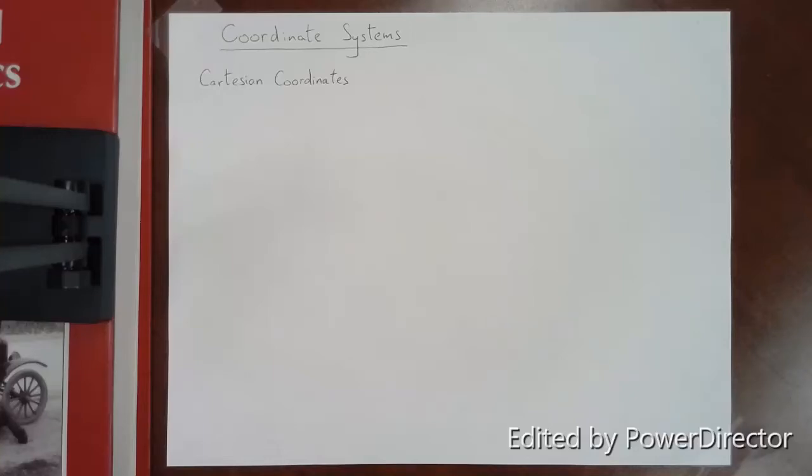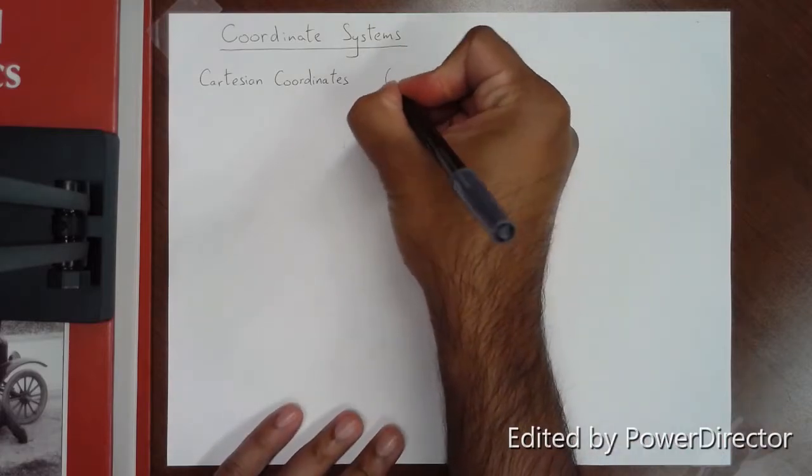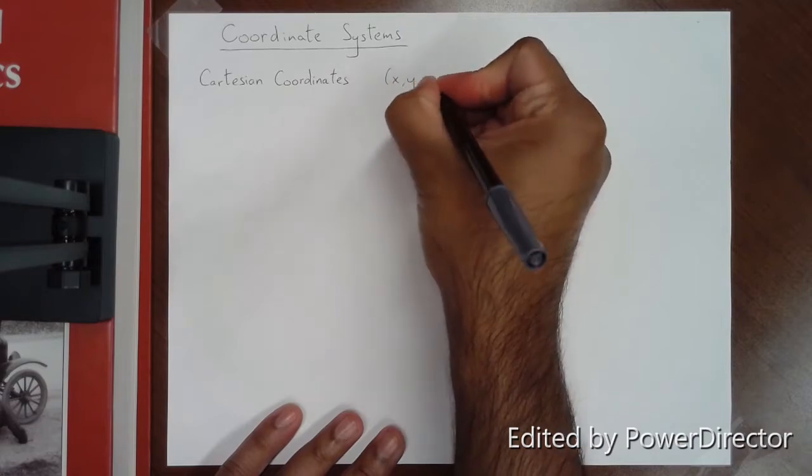In this video, we will look at a few different coordinate systems. We start with the familiar Cartesian coordinates, which are x, y, and z.